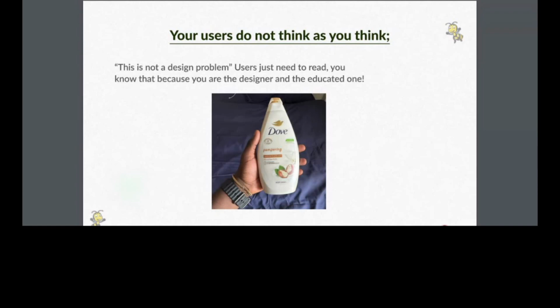But looking at it closely, the body wash is located at the bottom and it's quite isolated from other text, which makes it look like maybe it's not something you should pay attention to. It's not something that is really important. It wouldn't hurt if they were to replace the text pampering with the body wash, because it would help users know what they're actually going for without having to read everything that is on the label.